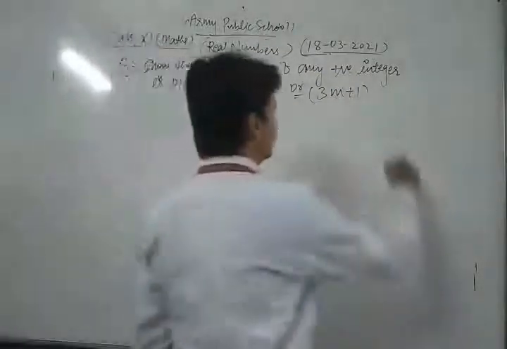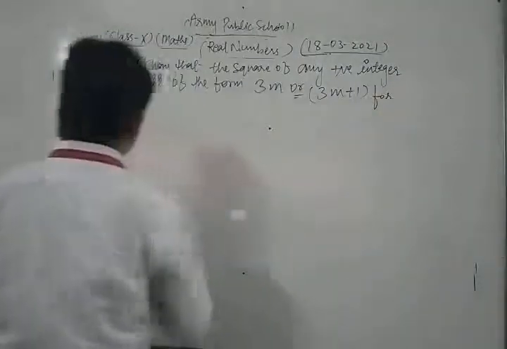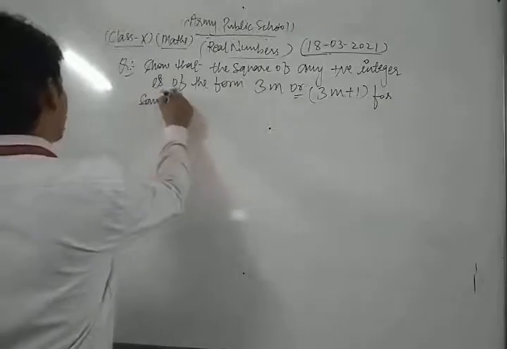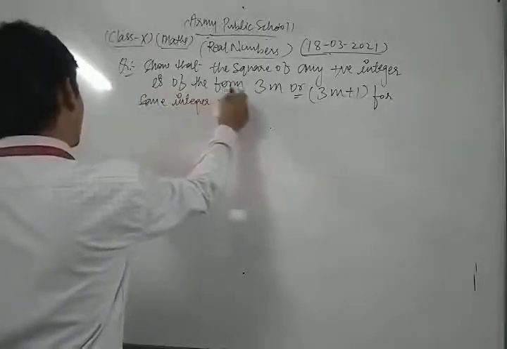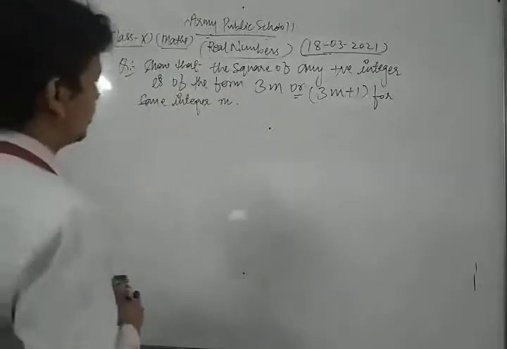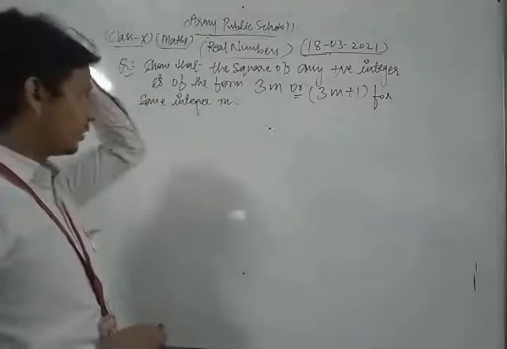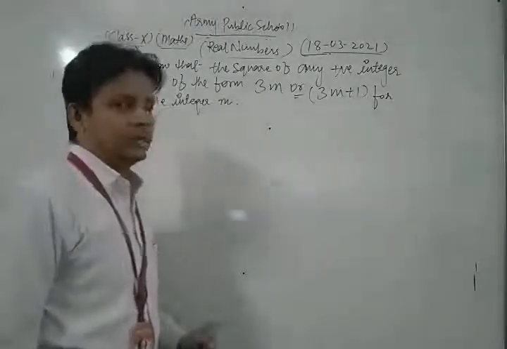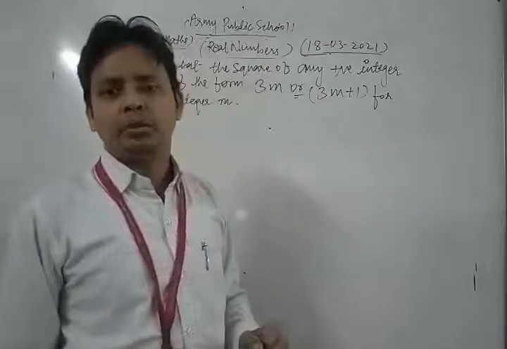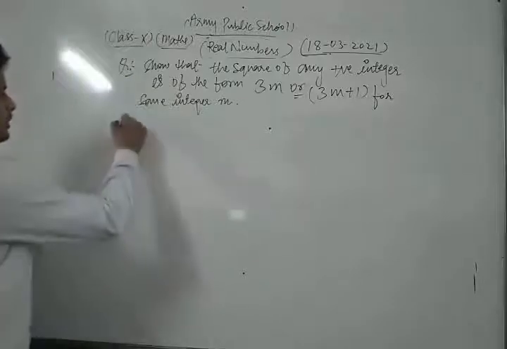So we have to show that the square of any positive integer is of the form 3m or 3m plus 1 for some integer m. Now let's see its solution.